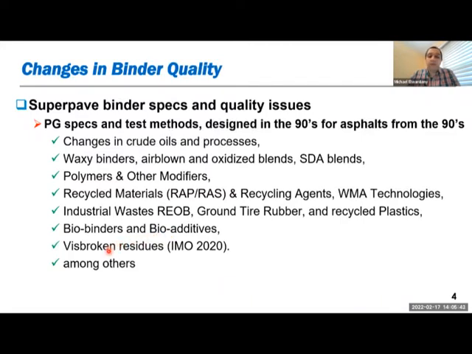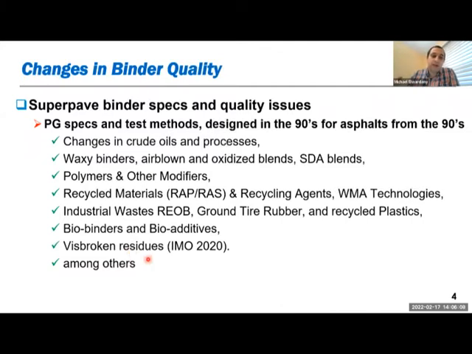We have these bunker residues, produced by partial upgrading or pyrolysis processes, which used to go to bunker fuel, but because of new specifications on sulfur content in bunker fuel, some of these bunker residues may go back to the asphalt market, among others.